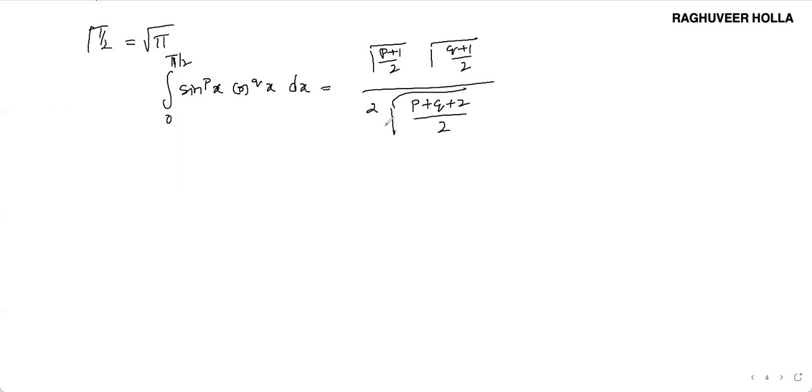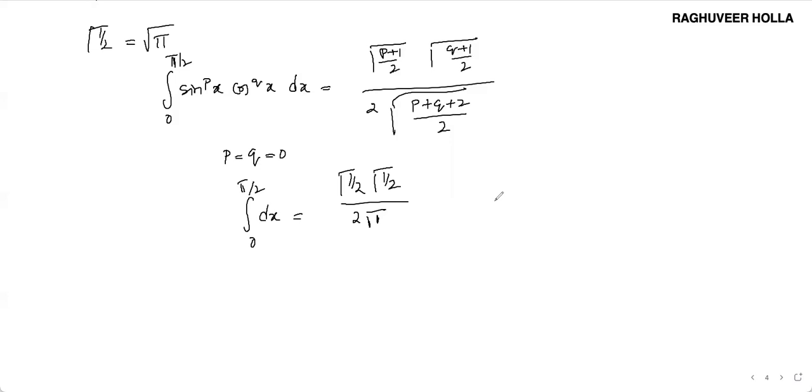Let us use this. If you put p and q as 0, this will be the integral from 0 to pi by 2 of dx, which is equal to gamma half and gamma half by 2 gamma 1.